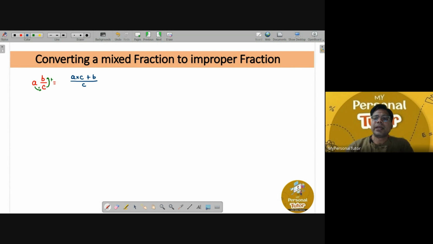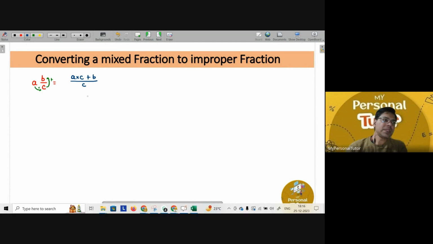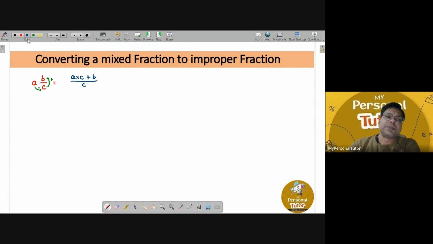The denominator remains as it is. This is always fixed. Always remember, whenever you are converting mixed fractions to improper fractions or improper fractions to mixed fractions, the denominator is always the same.